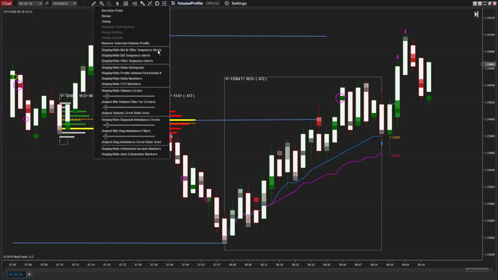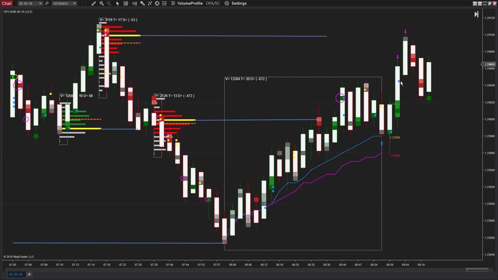So we turn back on the sequence alerts, and you can see the sequence that took place here. The buying effort that took place getting through this prior imbalance, why we might be able to use that as our stop as opposed to just leaving the stop at the volume weighted average price, so that we can ensure that we're taking much more risk off of the table as well.